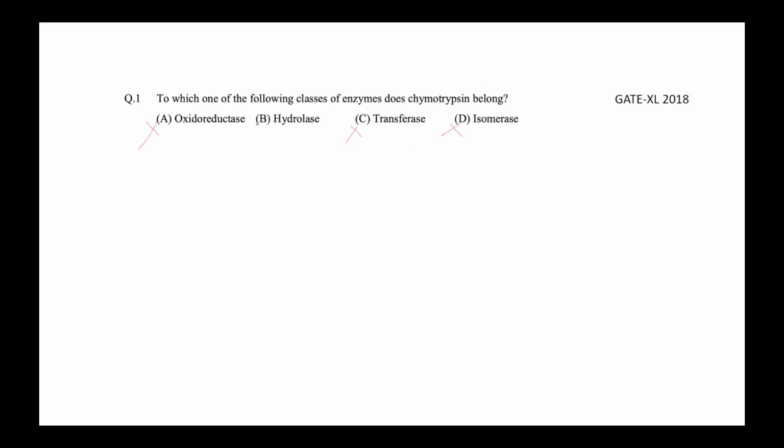Chymotrypsin carries out a reaction involving hydrolysis of the peptide bond using water. So chymotrypsin comes under the category of hydrolases because it cleaves the peptide bond, at the carboxyl terminal of aromatic amino acids, by addition of water.